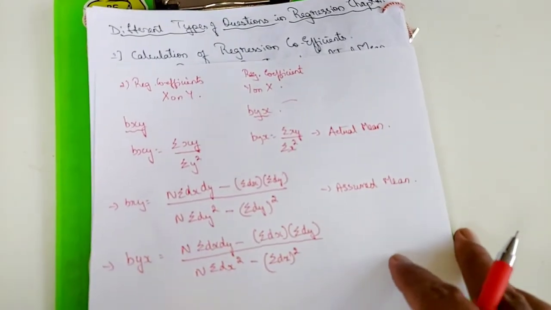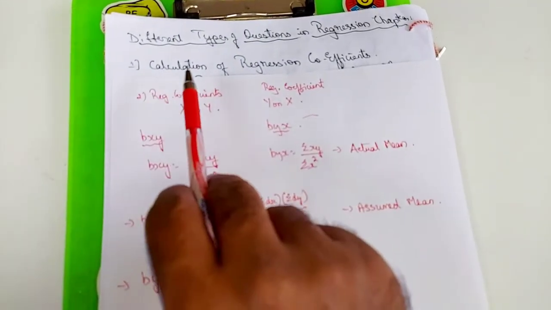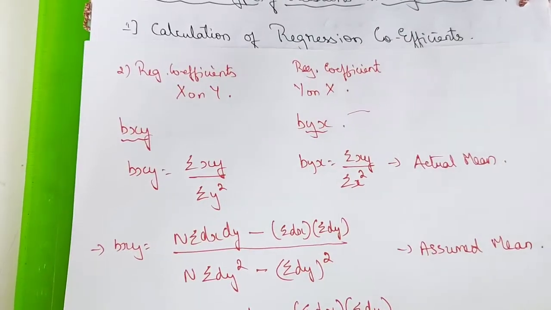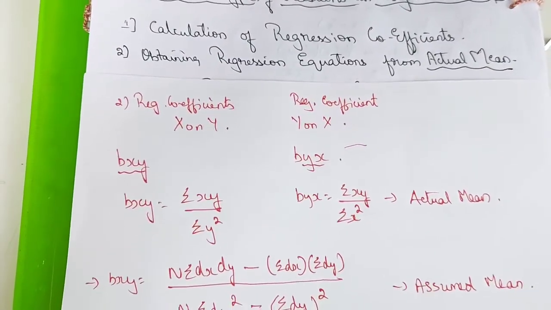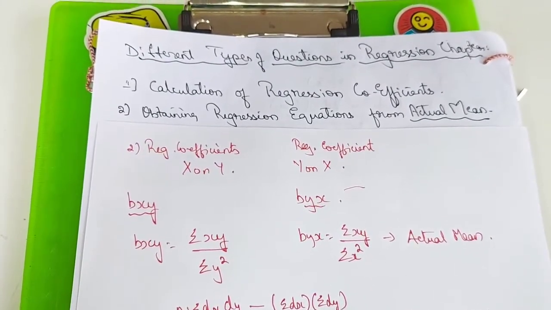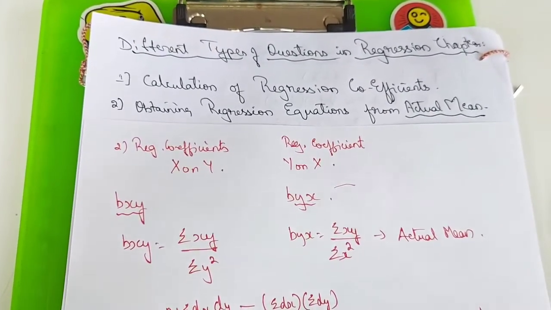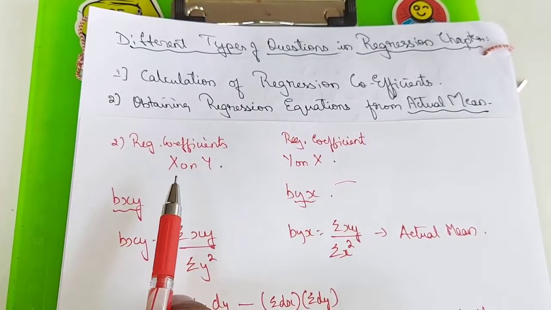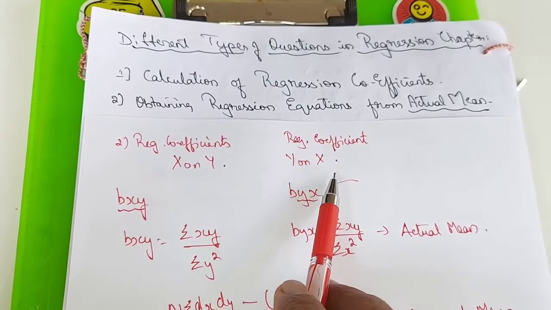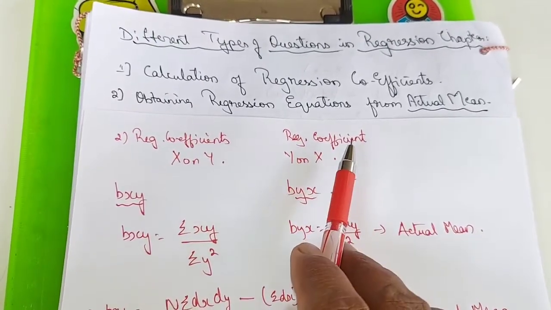So like this, we first find out what our regression coefficients are. Now let's look at the second one, obtaining the regression equations from the actual mean. In case of regression equations, again we have two regression equations. One is the regression equation of x on y and the other is the regression equation of y on x.